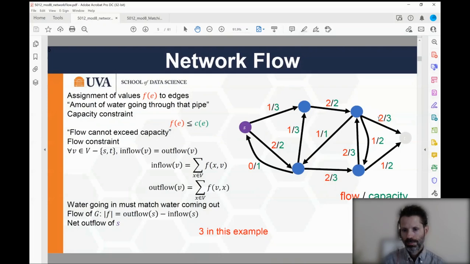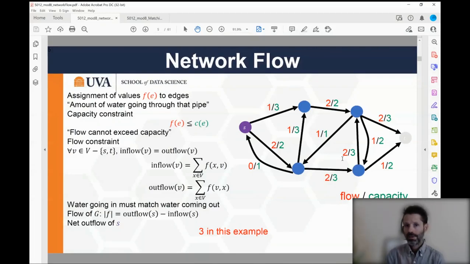In this particular network, our total inflow and outflow: the inflow coming from the source is 3, and the outflow arriving at the sink is also 3. So the total flow in this particular example is 3, and we can see how that flow propagates through the network in this illustration.